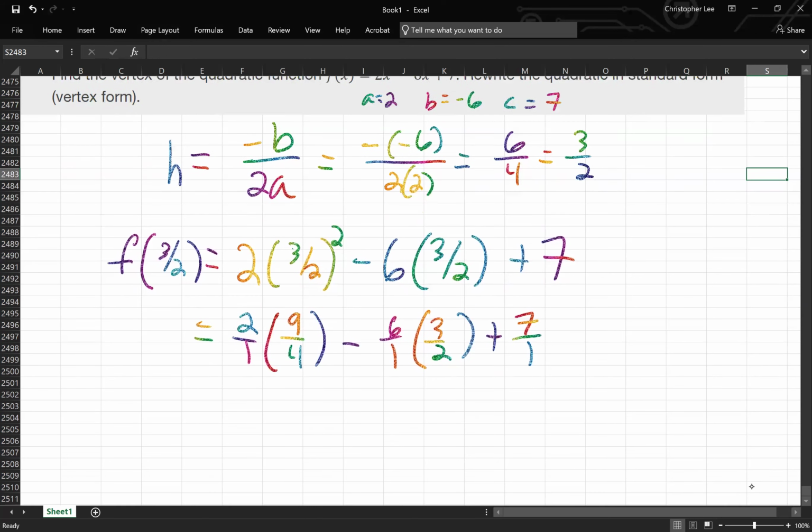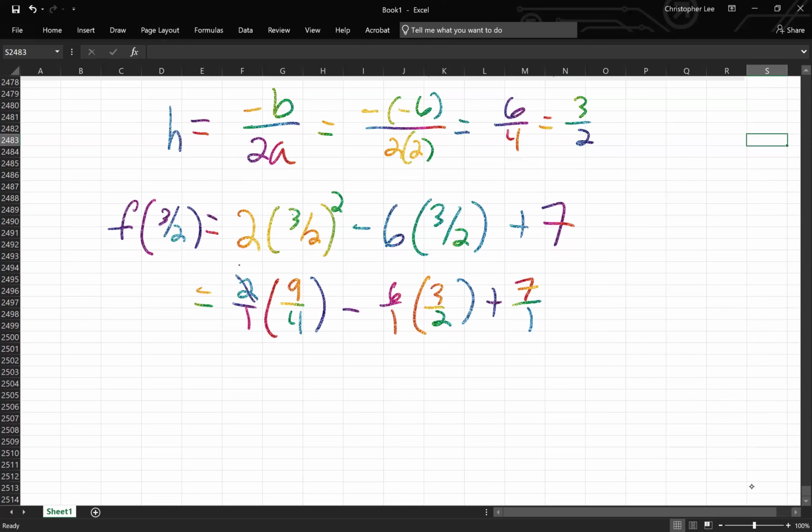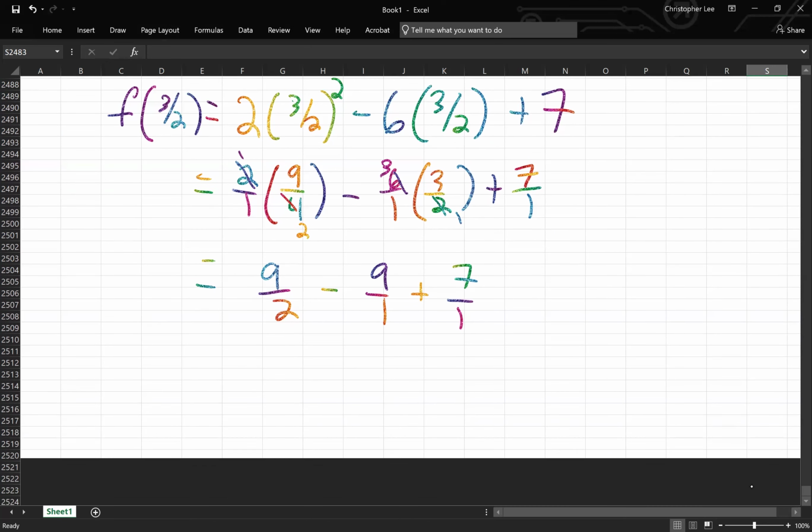Let's just say 7 over 1. Multiply these out. That's 1. That's 2. I got 9 over 2 minus this is 1. This is 3, right? So 3 times 3, this is 9 over 1 plus 7 over 1, right?